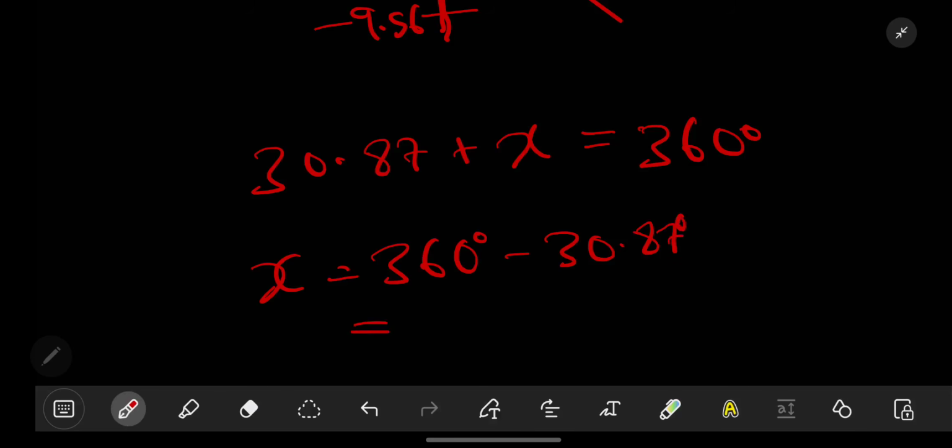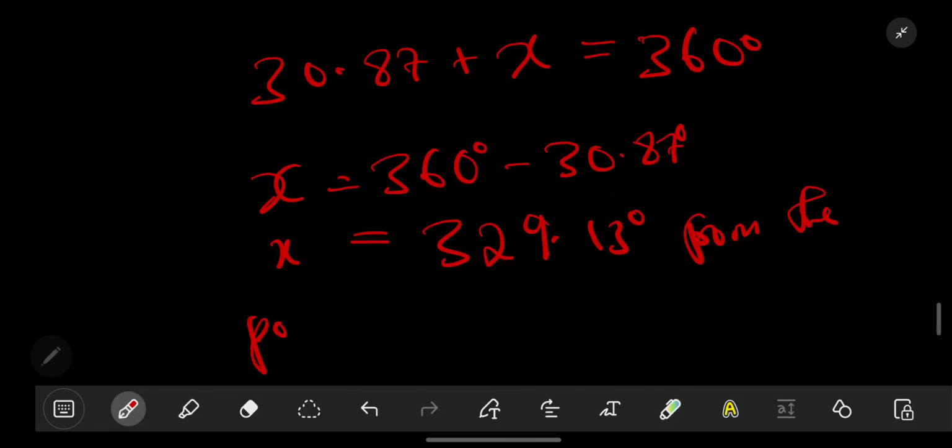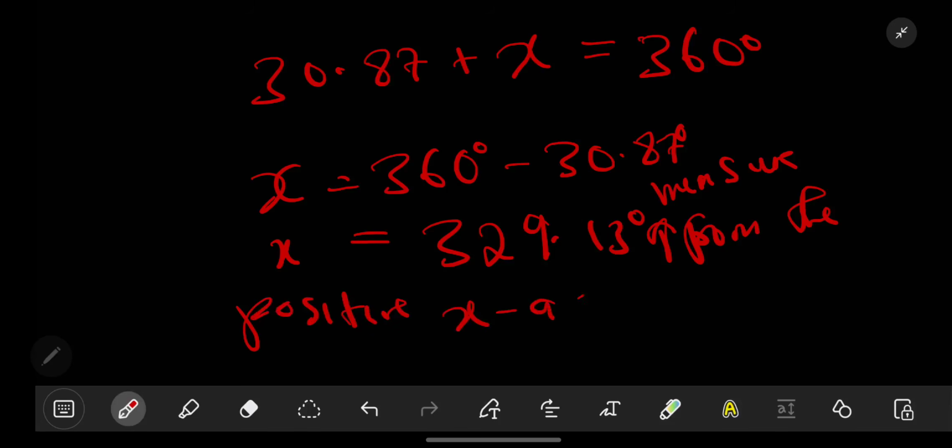This is going to give us 329.13 degrees, measured, very important, measured from the positive x-axis.